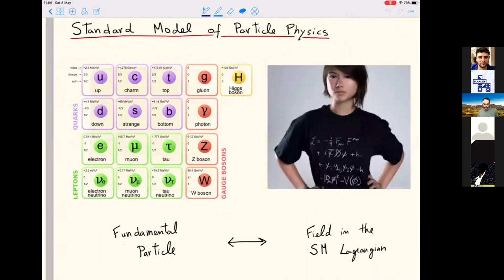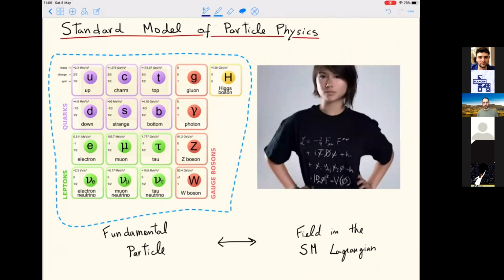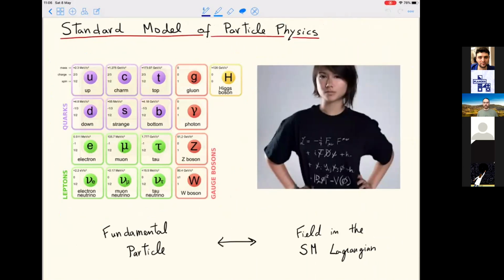And I just want to emphasize that everything we know about particle physics falls into this category. You have seen this table of the fundamental particles many times. What this actually means is that for each particle, there is a field in the Lagrangian of the standard model. Each particle has its own field. And if you go to CERN, you can buy this t-shirt. This is the Lagrangian of the standard model.